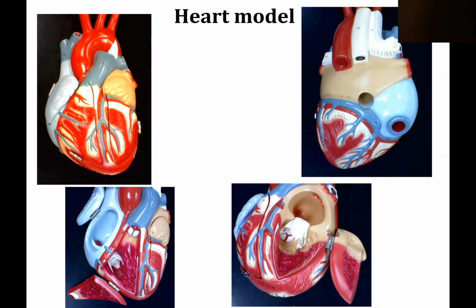So, aortic arch, ascending aorta, superior vena cava. You can't see the inferior vena cava, but that goes into the right atrium. Right atrium leads to the right ventricle, and the blood's going to wind up in the pulmonary trunk and branch into the pulmonary arteries.